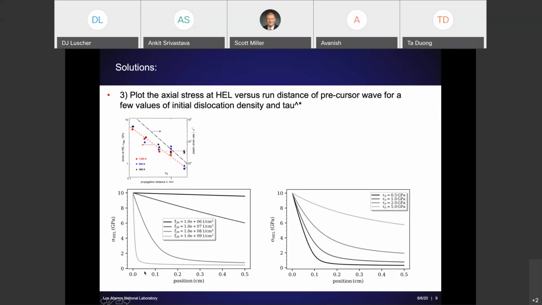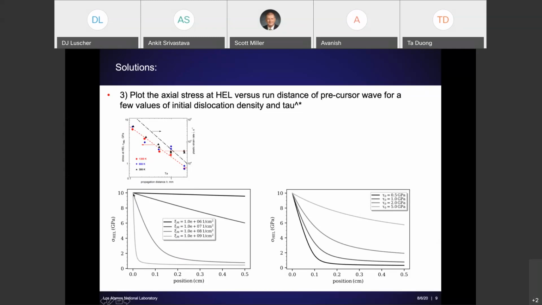So I picked reasonable values. One of the things I noticed in the solution that I didn't provide you is you need to know the HEL magnitude at 0 propagation distance in order to apply the solution scheme from Taylor. Because of this figure, I just took the liberty of picking a value of 10 for my solution. If you picked a different value, that's great.